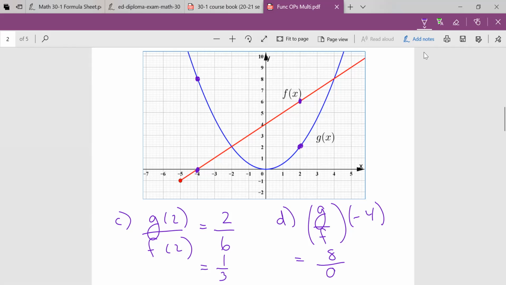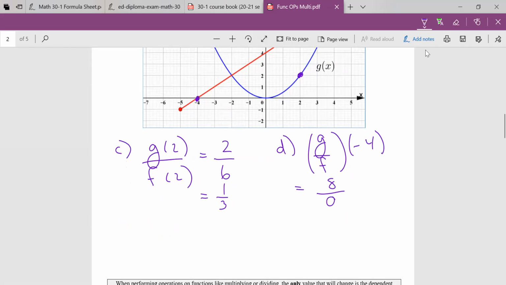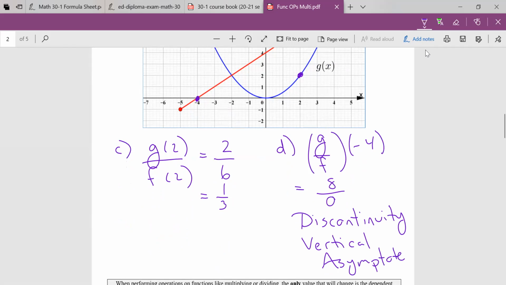So what ends up happening here is this is a discontinuity. It's going to end up being a vertical asymptote. So when we're doing division questions, I want your spidey senses tingling. I need you looking out for division by 0.